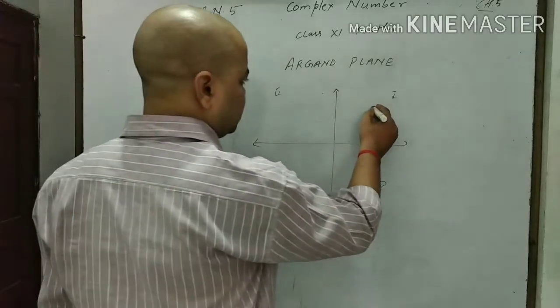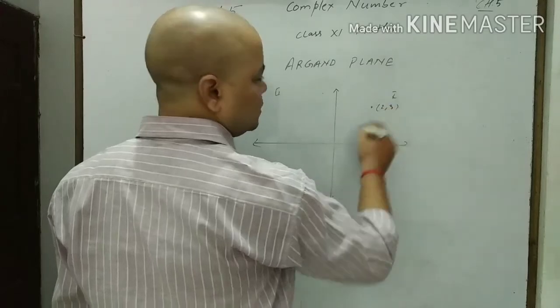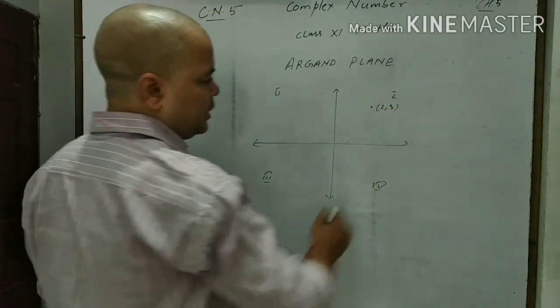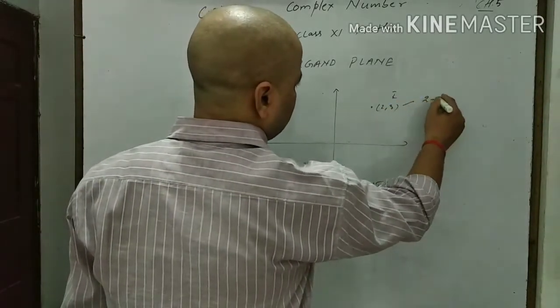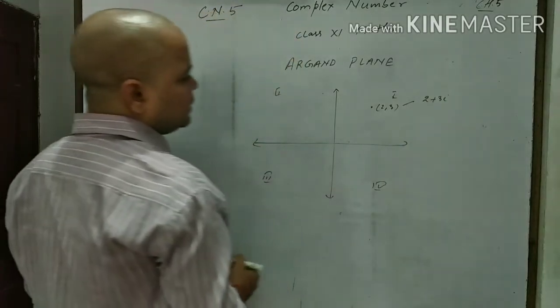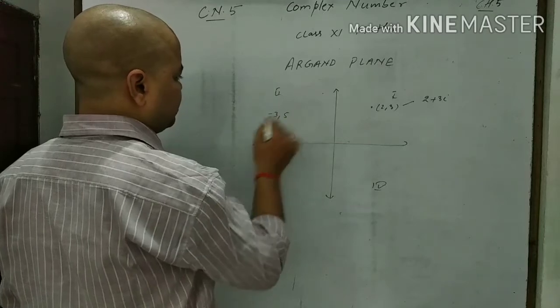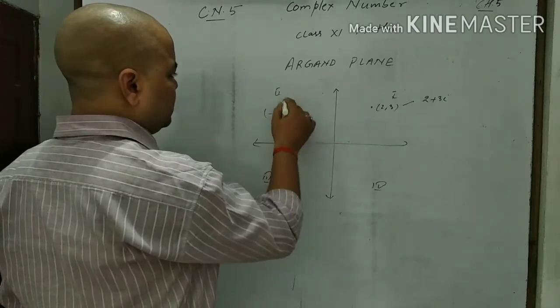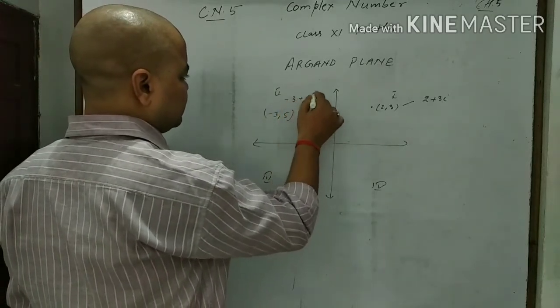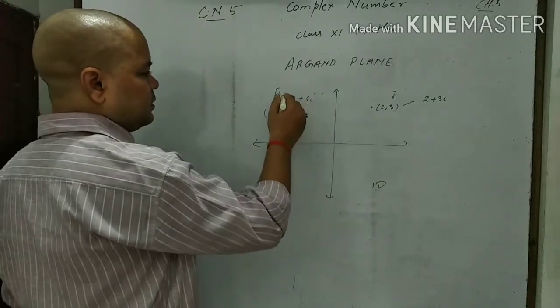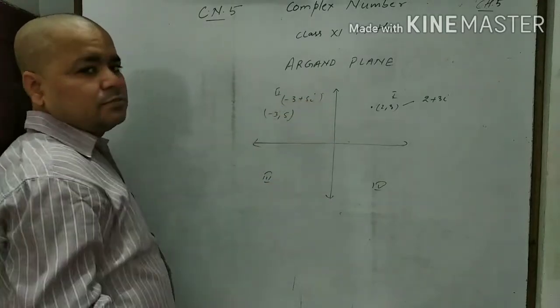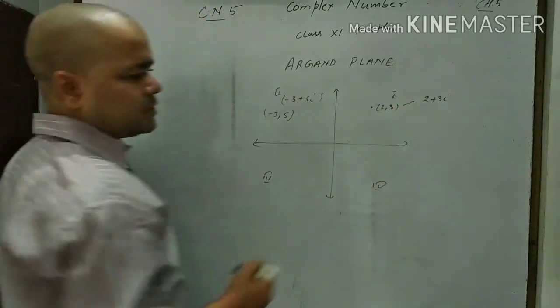If we have any point here, (2, 3), then it can be represented by 2 plus 3i, and similarly if we have here (minus 3, 5), then it will be minus 3 plus 5i. Getting? This also represents a complex number.